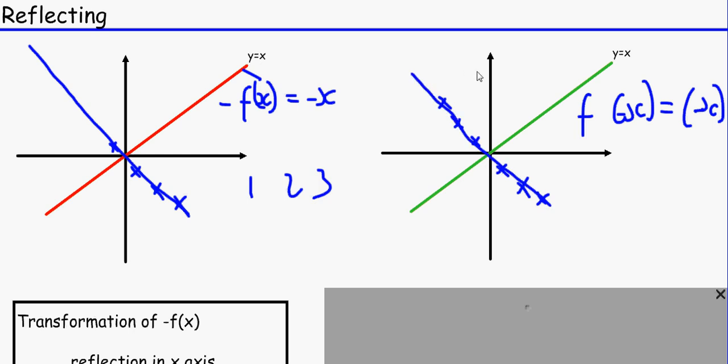Again, if you get a mirror and put it on the y-axis, you would see that it all reflects. So basically, however you write the function of x, when it's linear, when it's y equals x, the reflection is always the same. It can't really be different, can it, if you think about it?